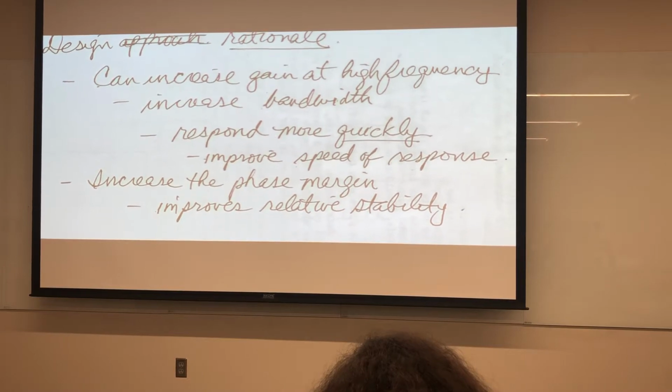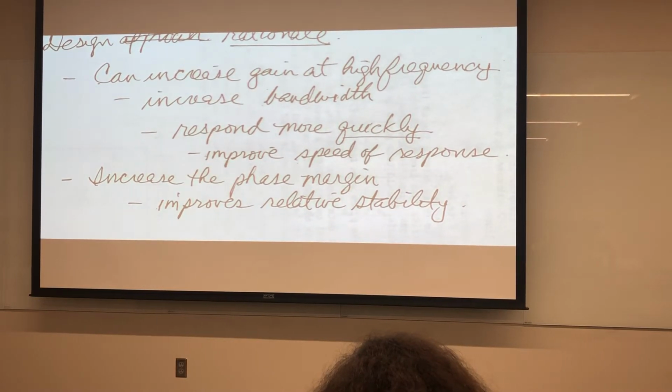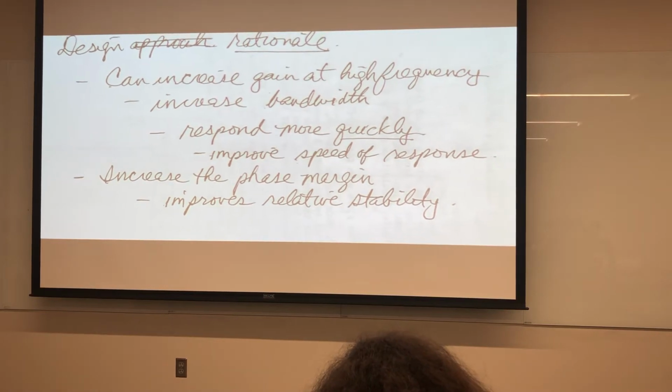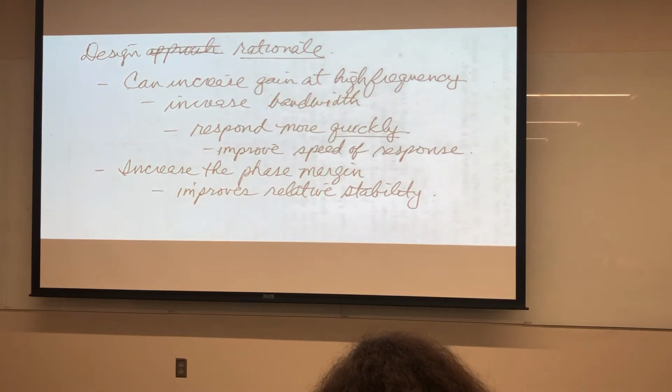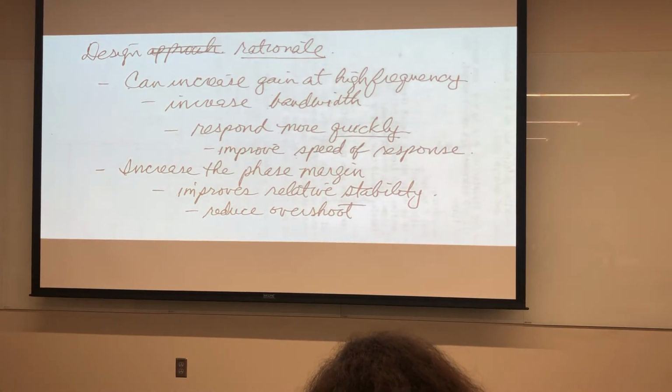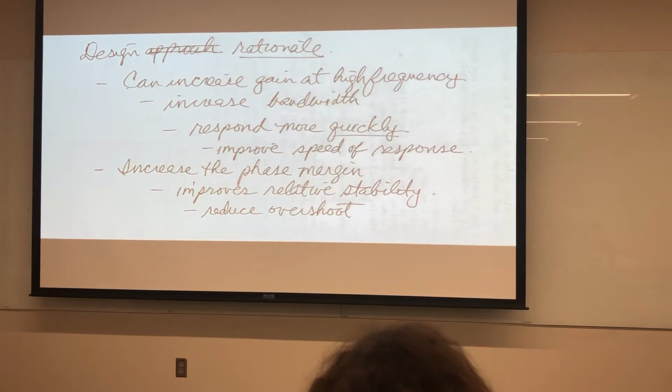Okay? It improves relative stability. So maybe we have a system that's responding and it's overshooting its mark a little bit, then overshoot, then undershoot, overshoot. And you say, I don't like that overshoot and undershoot. I want to improve the transient response. I want to anticipate what's happening. Then it makes sense to use a phase lead.